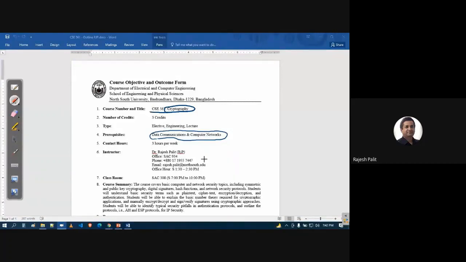We have class from 7 to 10 every Wednesday, and my room number is SEC 934, which is very close to the EC department office, and this is my phone number and my email address.